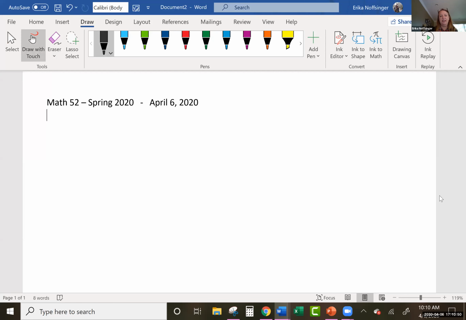Your test is on chapter 10 and chapter 11.1 through 11.3. So chapter 10 was on radicals. And chapter 11 was solving equations by different methods.